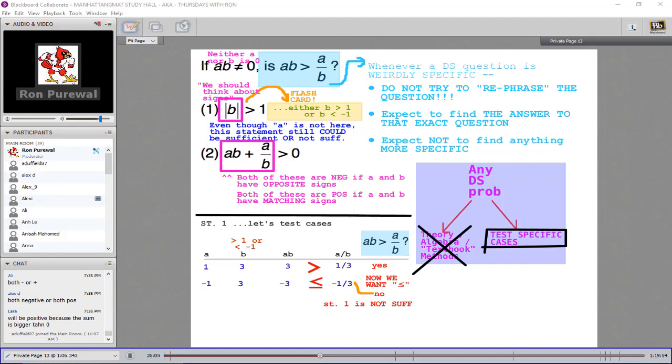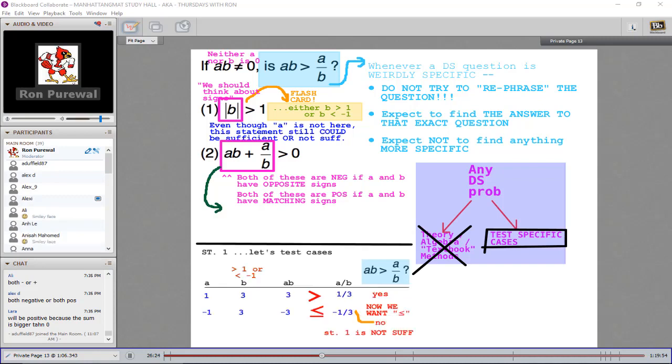So basically, this statement is just a really ugly, horrendous, awful way of telling us that A and B have the same sign. Give me a smiley face if that makes sense. That's basically all this statement is at the end of the day.